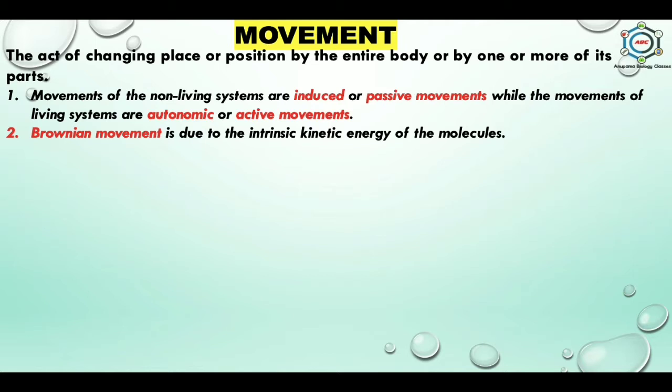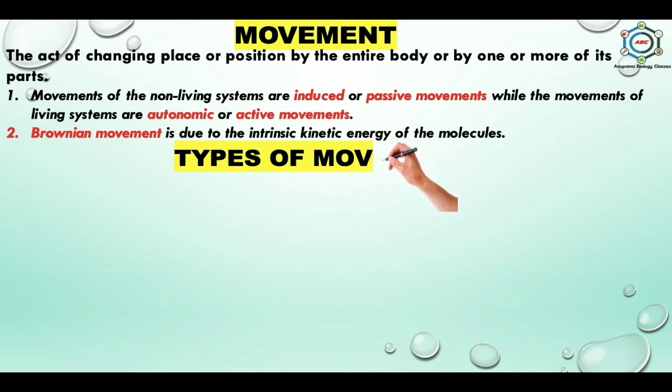Here, water flows on the earth due to gravity and the automobile runs by the energy of the fuel. So these movements are produced by outside forces, while autonomic movements are affected by the organisms themselves without external forces. Now, the Brownian movement is due to the intrinsic kinetic energy of the molecules.